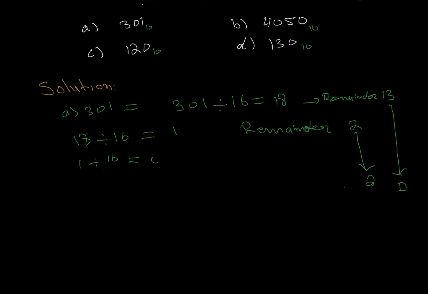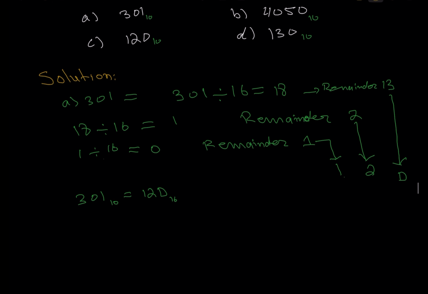The answer is 0 because in hexadecimal it's not possible, and the remainder will be 1, and then we bring that 1 also down. So 1 2D. So 301 base 10, or decimal number, is equal to 12D base 16. Okay, so that was part A.